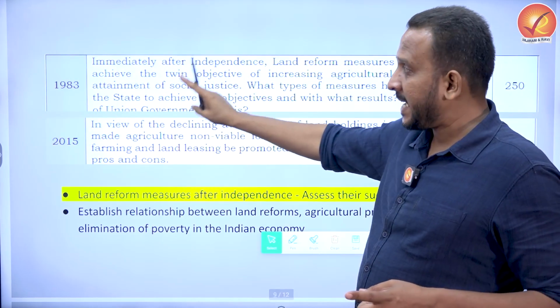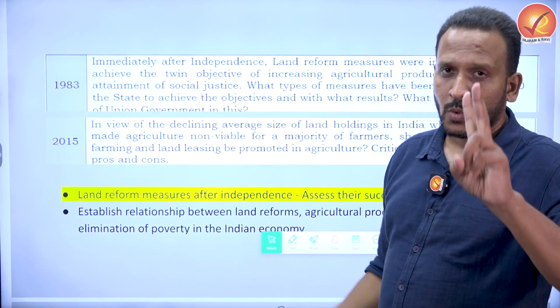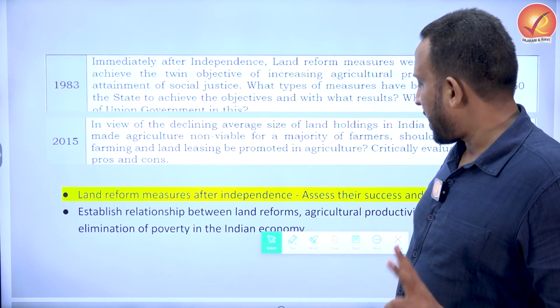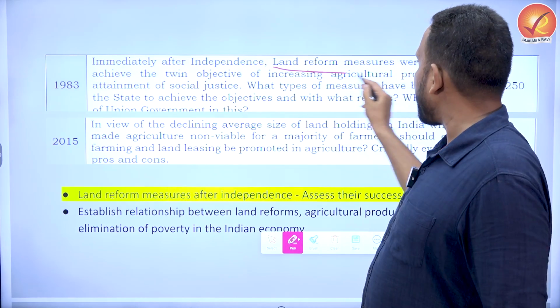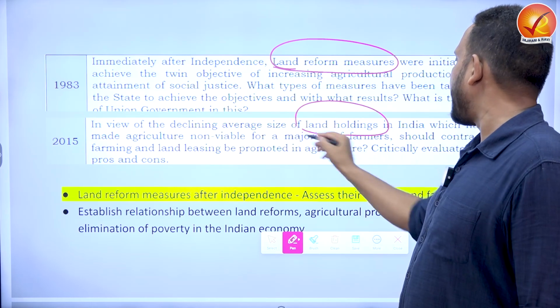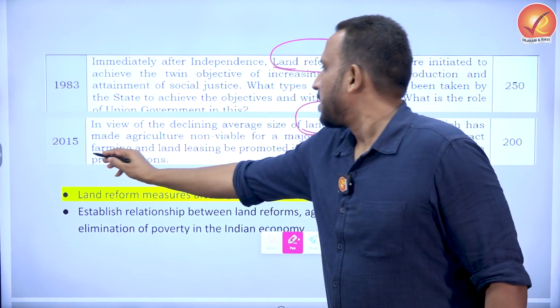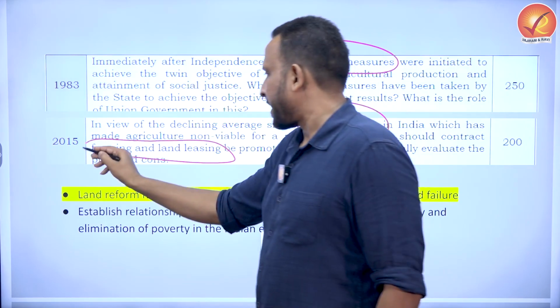From 1983 and from 2015, there were two questions which UPSC has asked, related to land reform measures, land holdings, contract farming and land leasing.